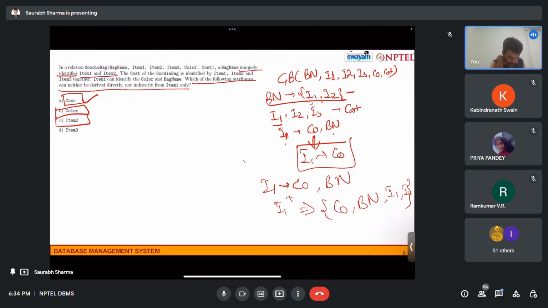So is it the item 2 here? From bn, what will we get? It is able to derive bn. Then bag name can actually derive item 1 and item 2. So item 2 can be easily identified with the help of item 1.